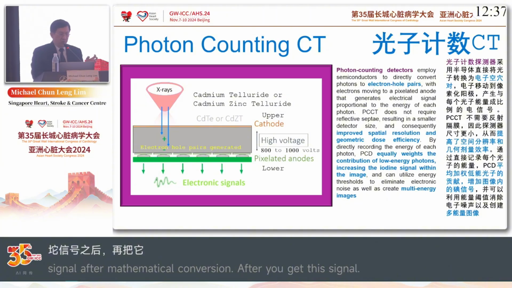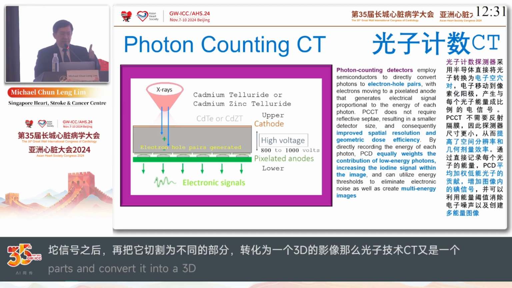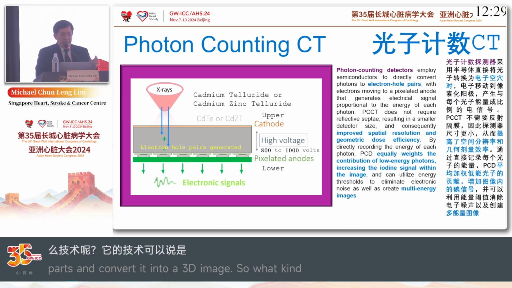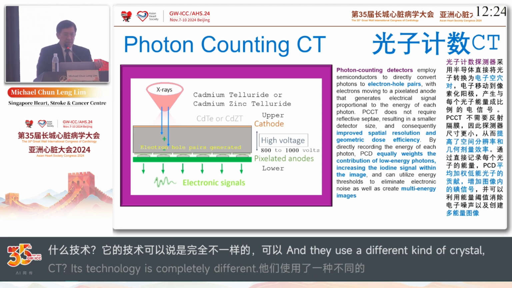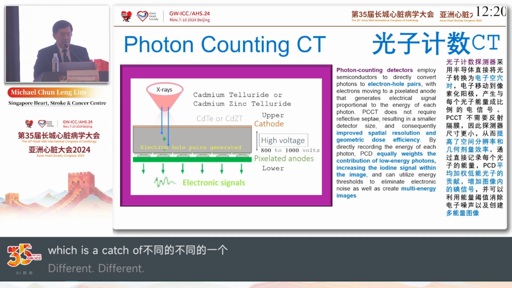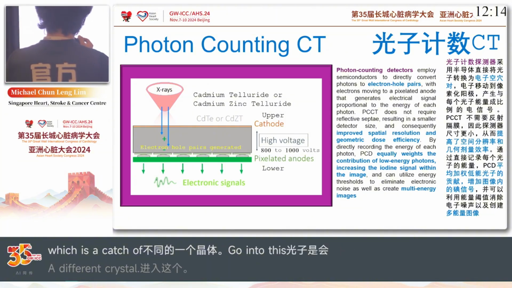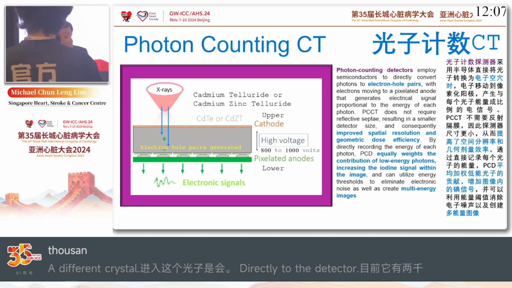So what's a photon counting CT? It's usually a totally different concept. They take away the septae, and they use a different kind of crystal, which is a cadmium crystal. The X-ray photons directly go into this detector, and they apply a current of 8 to 1,000 volts, and you have a cathode on top and an anode below.